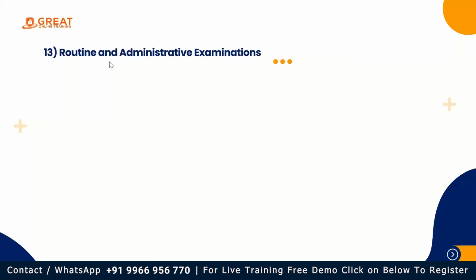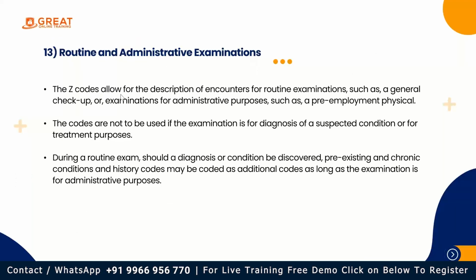Next point, routine and administrative examinations. The G codes allow for the description of encounters for routine examinations such as a general checkup, or examinations for administrative purposes such as a pre-employment physical. The codes are not to be used if the examination is for diagnosis of a suspected condition or for treatment purposes.